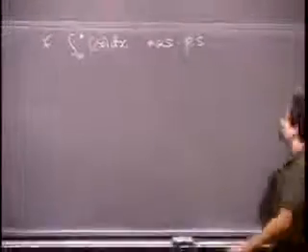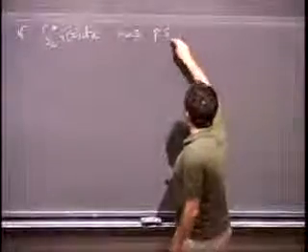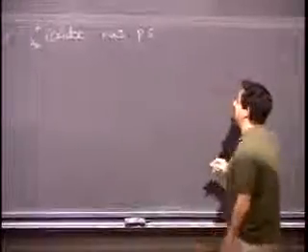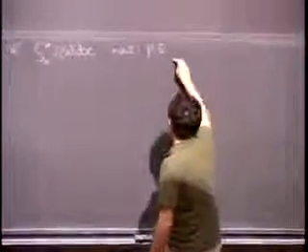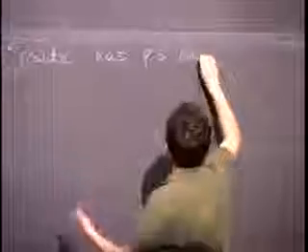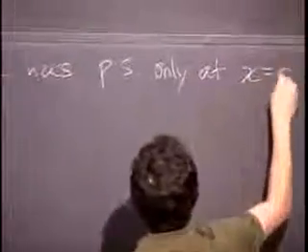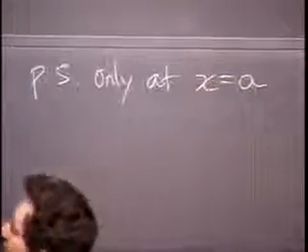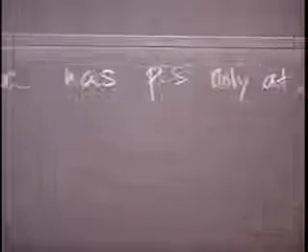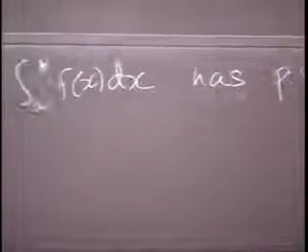So if this has a problem spot, which I'm going to write as PS, not postscriptum, problem spot, only at, say, the left endpoint, although this works equally well with the right endpoint, or infinity, or minus infinity.